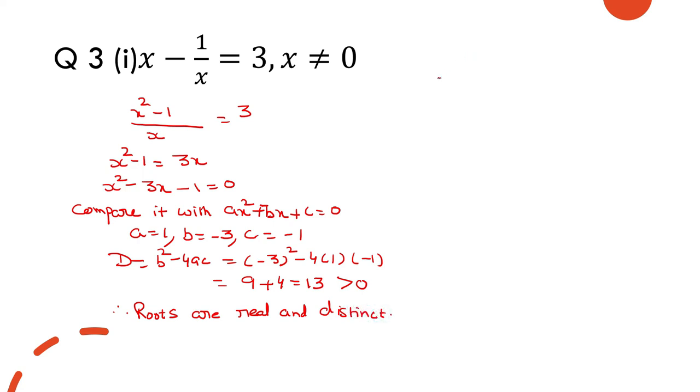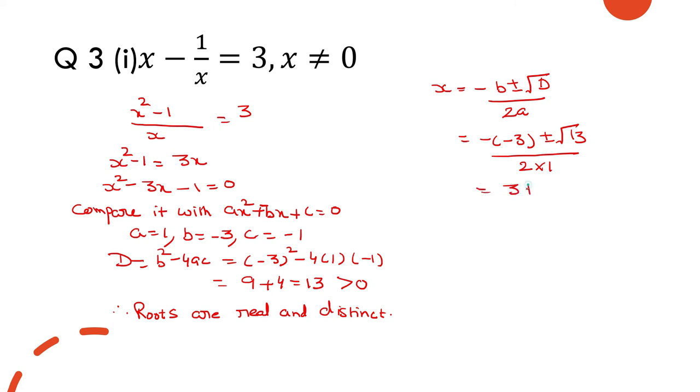So we will apply quadratic formula. याद हो गया कि quadratic formula apply कब नहीं करेंगे? जब discriminant negative आएगा. So we get minus minus 3 plus minus root 13 upon 2 into 1. So 3 plus minus root 13 by 2.